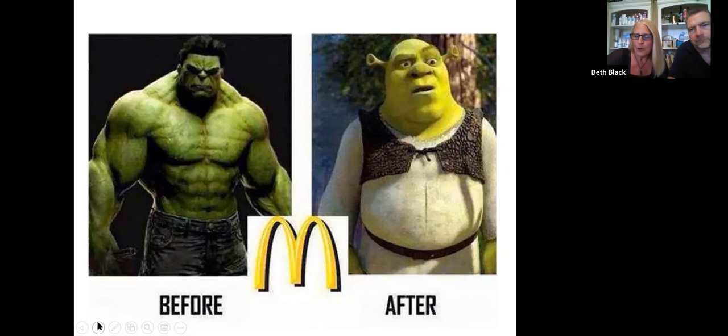And now what are our role models? Shrek. This is what I remember watching my kids, when I saw my first muffin tops, as they called them. And I was like, what is that? We didn't grow up with that. But now it's just part of our society, and we are almost blind and immune to it.